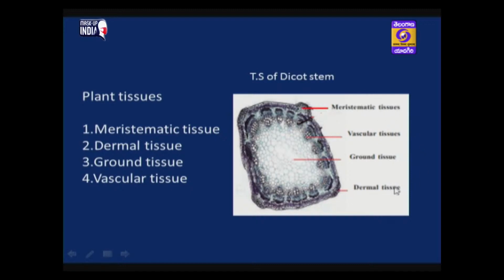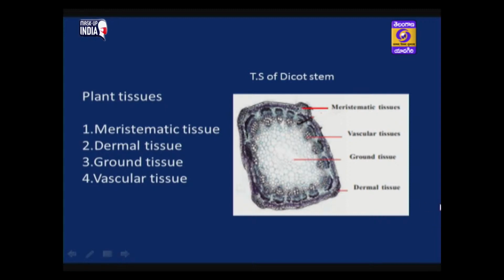Dermal tissue is seen as the outer layer of the plant body, and ground tissue forms the major part of the plant body and gives mechanical support to the plant body, and vascular tissue helps in the transport of food and water.